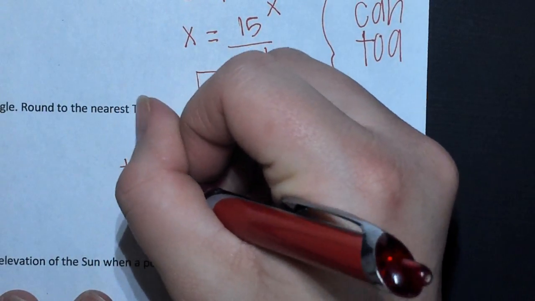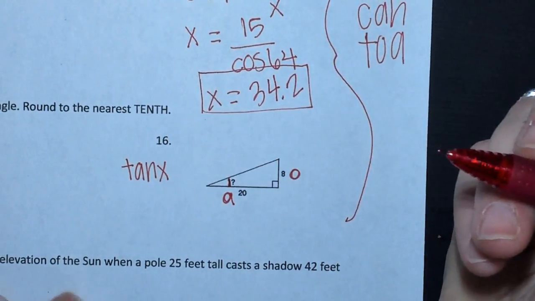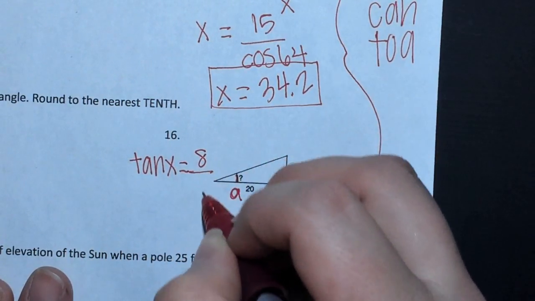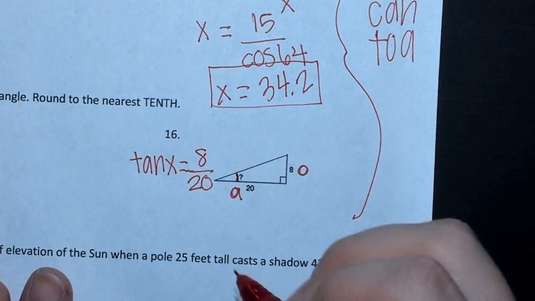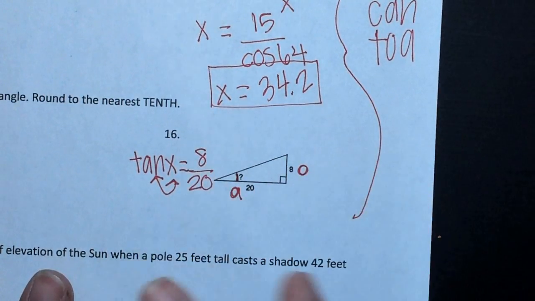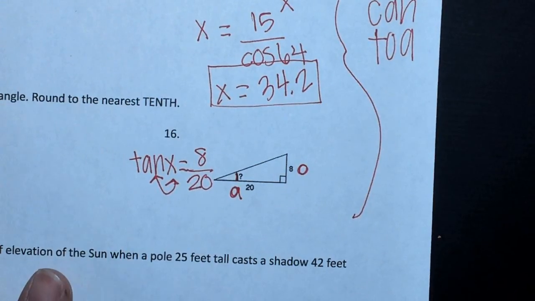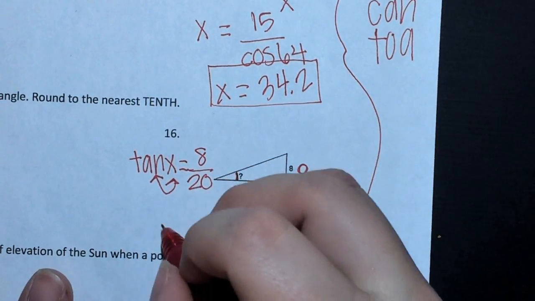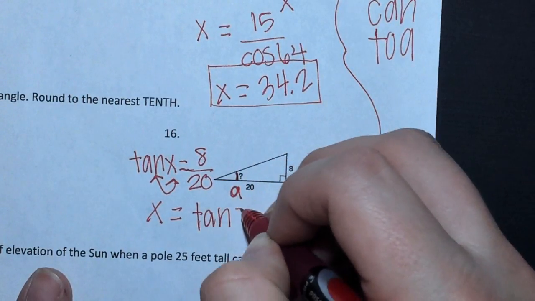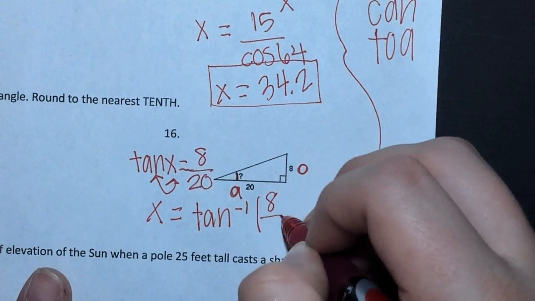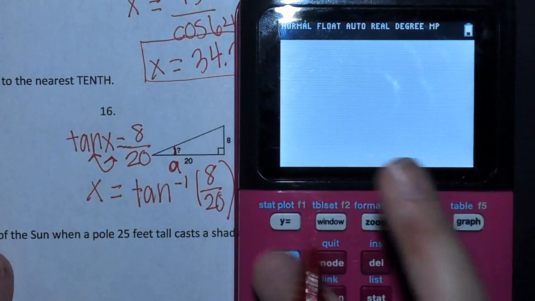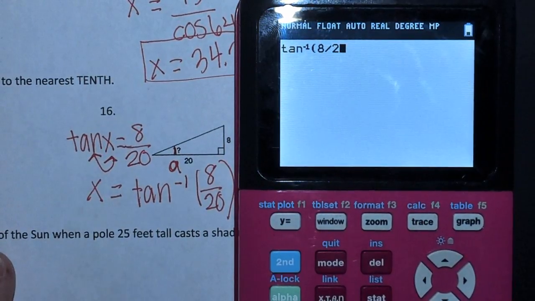Tangent of x, because that's what I'm solving for, is equal to O over A. Don't y'all wish this was the hardest they got? If you have to break x and tan, then you have to do x equals tangent inverse of 8 divided by 20. So second tan, 8 divided by 20.